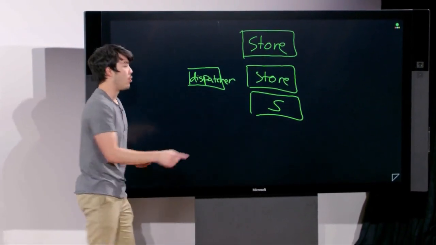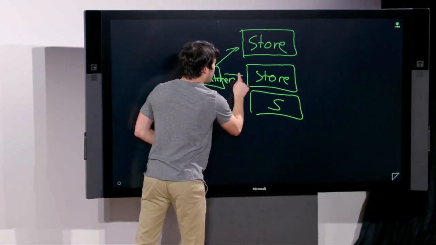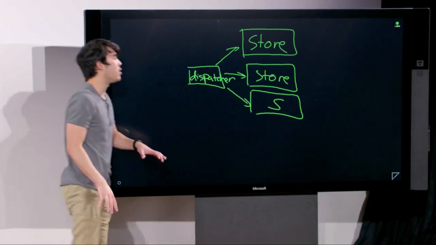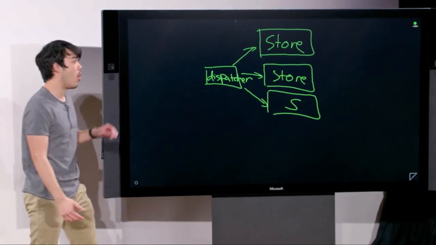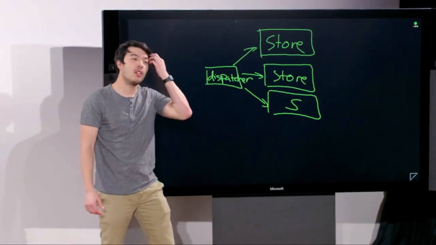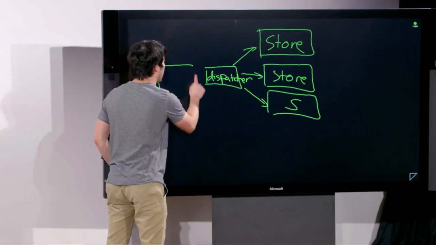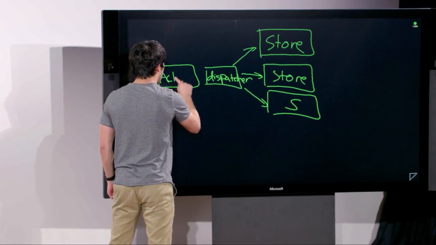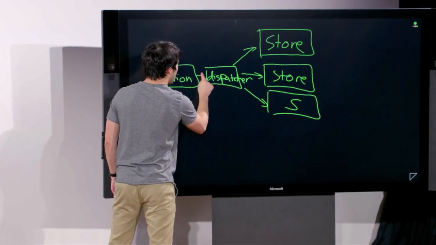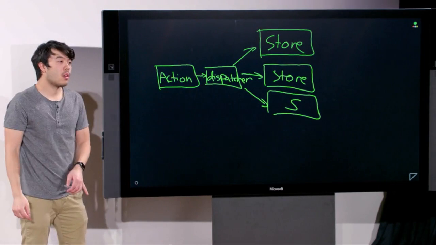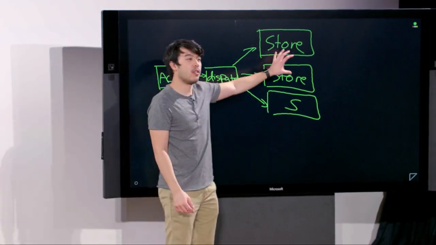And so this dispatcher will actually send information to these stores, and these stores will update. And that's the only possible way to update these stores. And how do you trigger the dispatcher? Well, it's through this thing called an action.